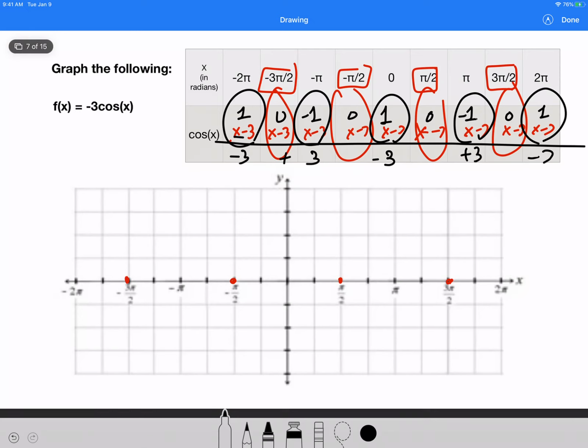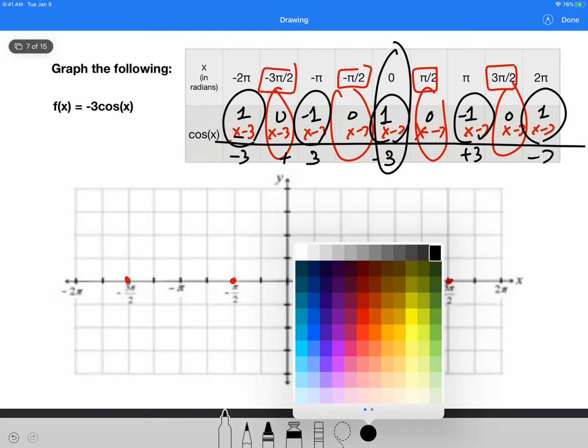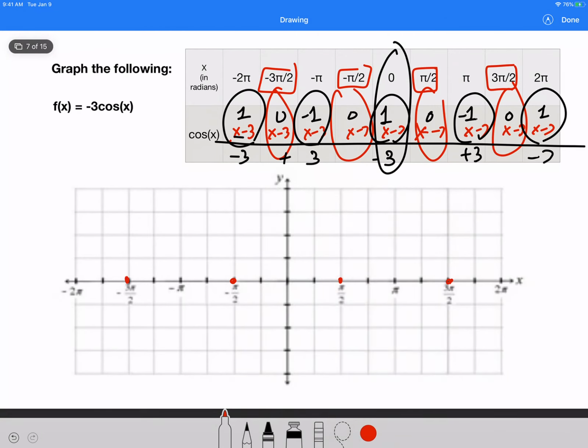So let's take a look at starting at 0, comma, negative 3. So I'm going to go to 0, and then what's going to happen is, remember it started at 0, comma 1 originally? Well, that's not going to happen in this case because it's multiplied by a negative, and you remember yesterday we talked about how that reflects across the x-axis. So it goes from the bottom. So you go all the way down to negative 3.